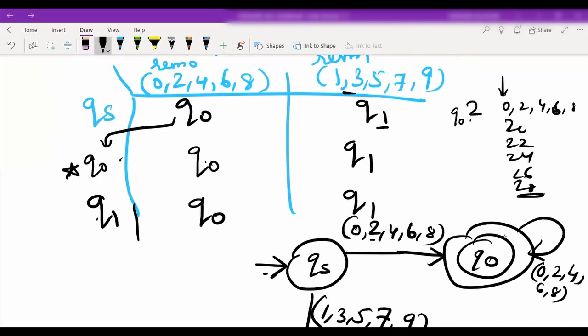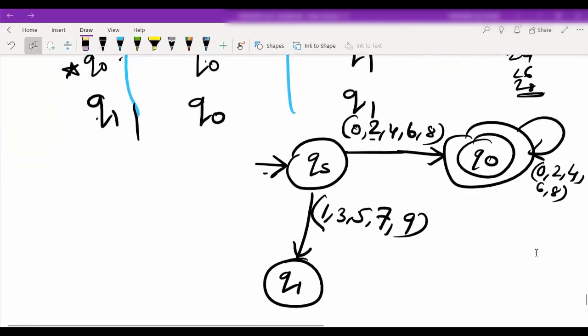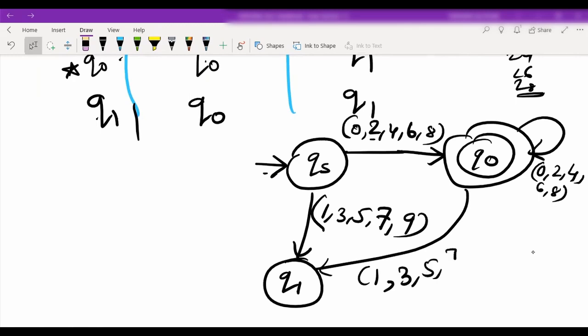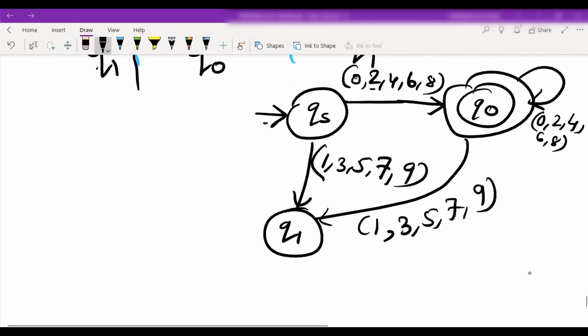And Q0 on 1, where is it going? It is going to the non-divisible state. So from Q0 it goes to the Q1 state. On 1, 3, 5, 7 and 9, it goes to non-divisibility. Now Q1 on 0 and 1 we have already considered.